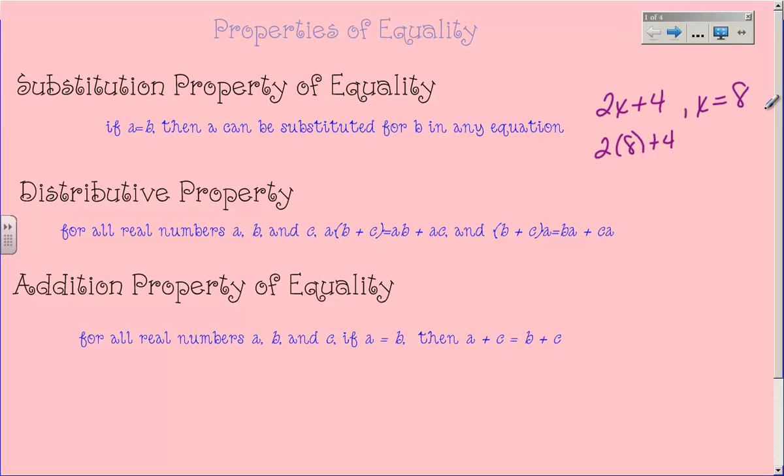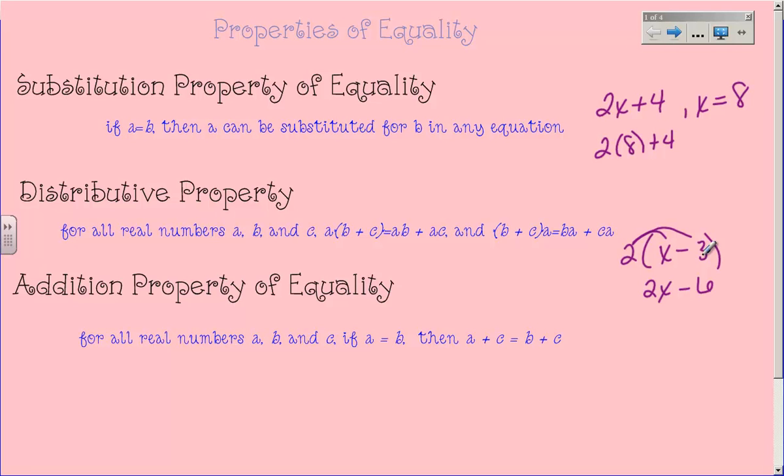We've practiced the distributive property, but what that is saying is that if I have 2 times x minus 3, I can do the distributive property by multiplying this times this and this times that. So 2 times x is 2x and 2 times 3 is 6. So I can just multiply what's outside by everything inside.